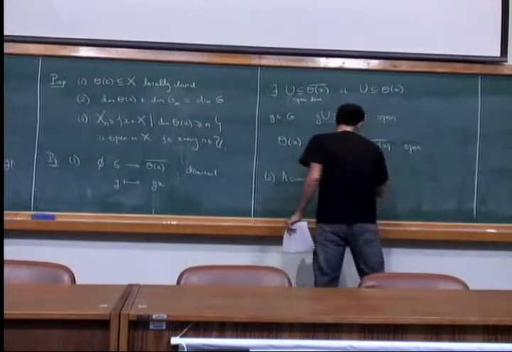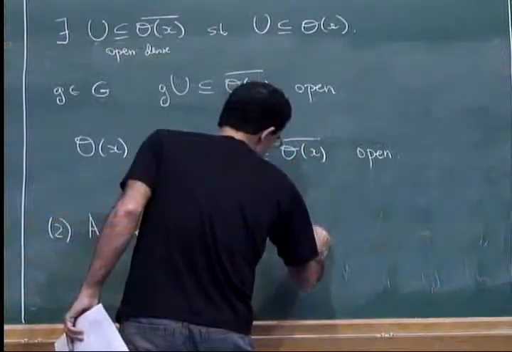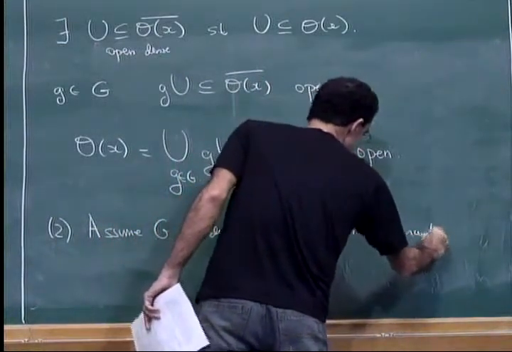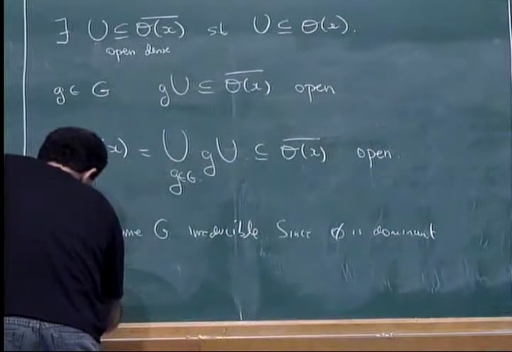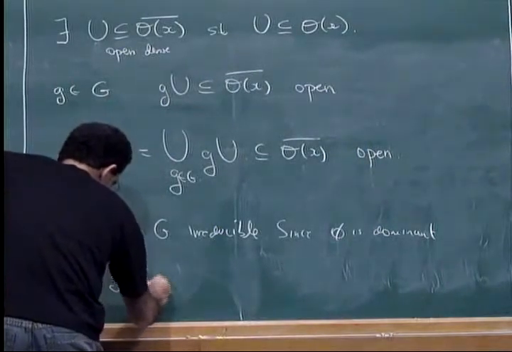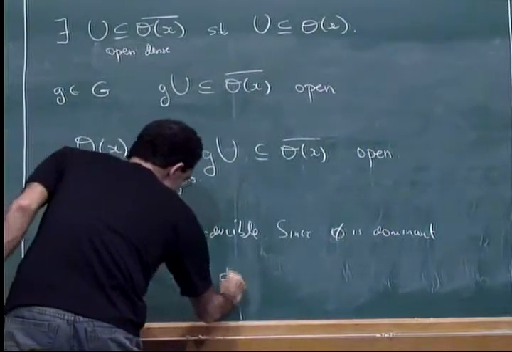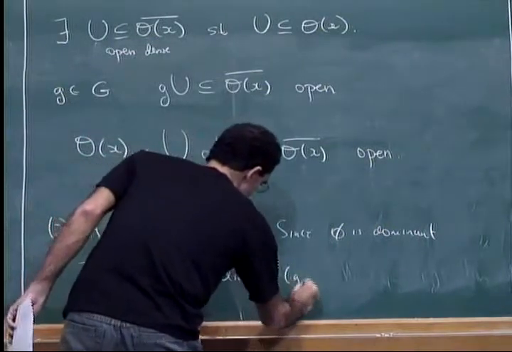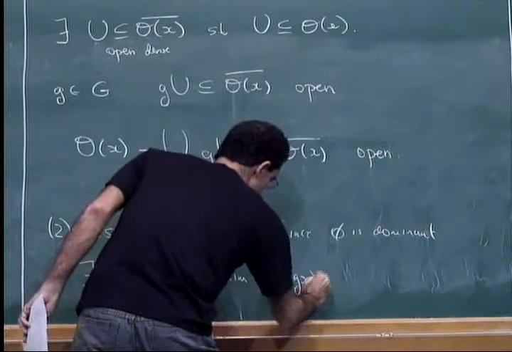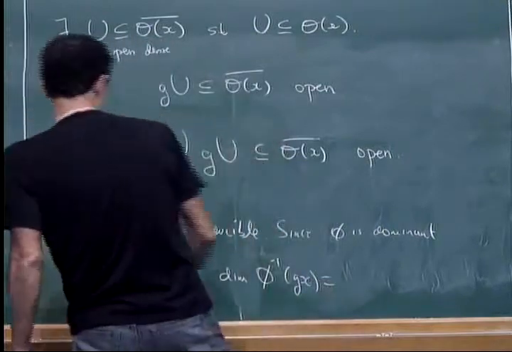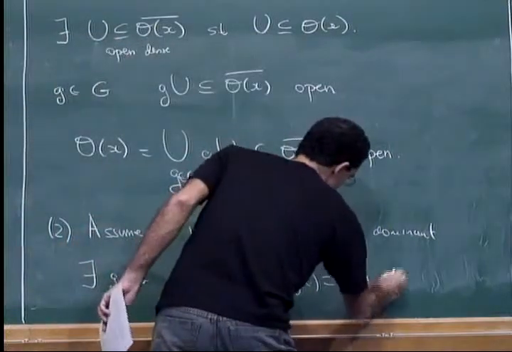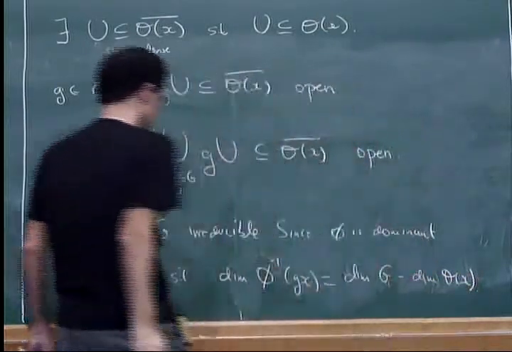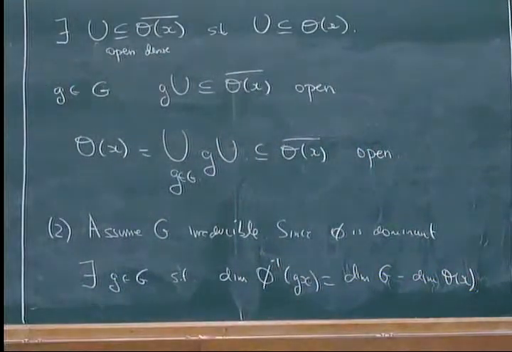Since it's dominant, there is a fiber such that the dimension of the fiber is the difference between the dimensions of G and the orbit. Okay? So there is such a fiber.